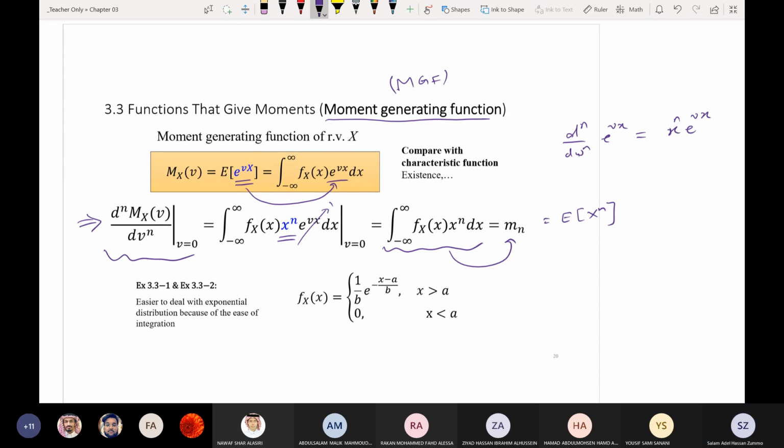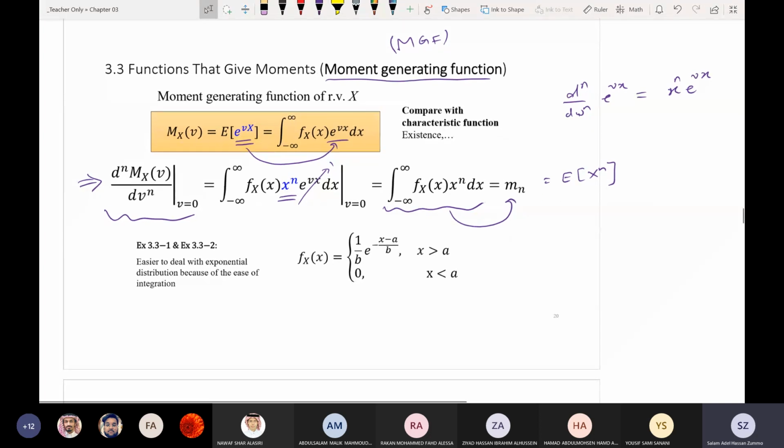It's very similar to the characteristic function. In some books you will find it defined as the moment generating function, in some others the characteristic function, and in other books both. As I mentioned, they have no physical meaning. However, they are used to mathematically simplify many problems related to random variables.